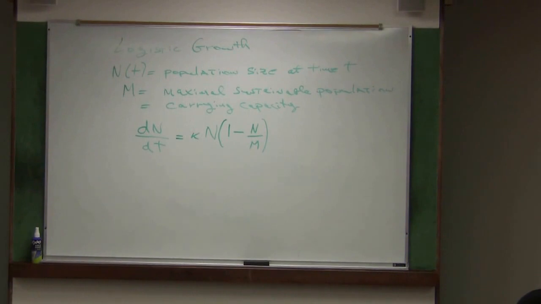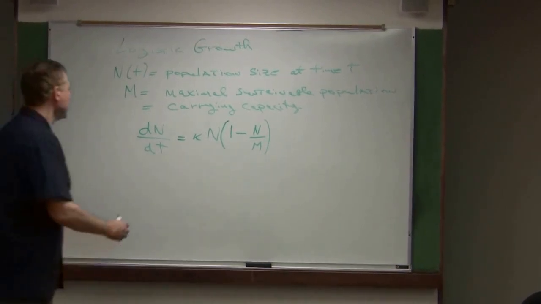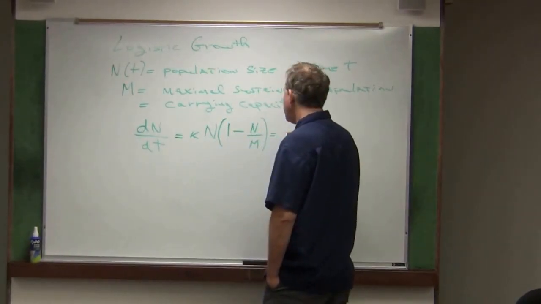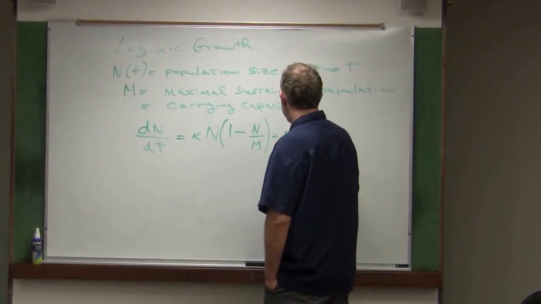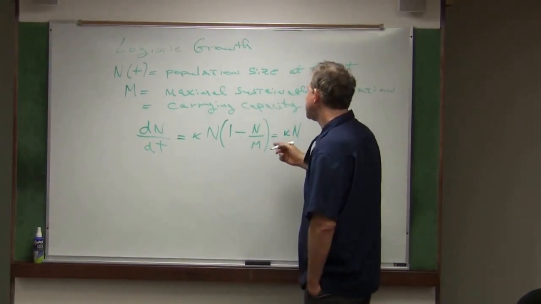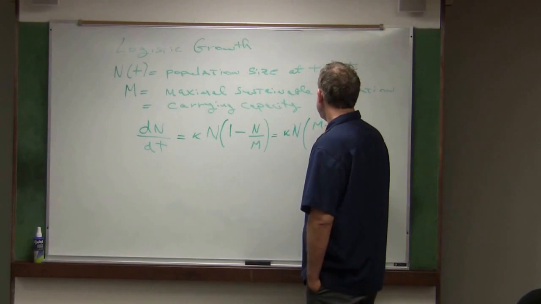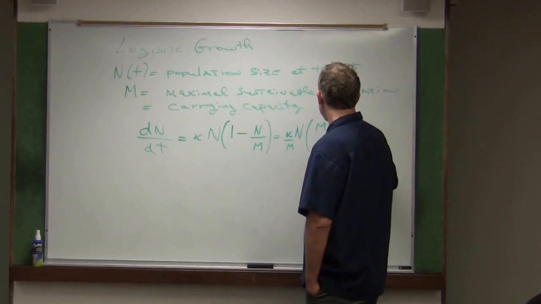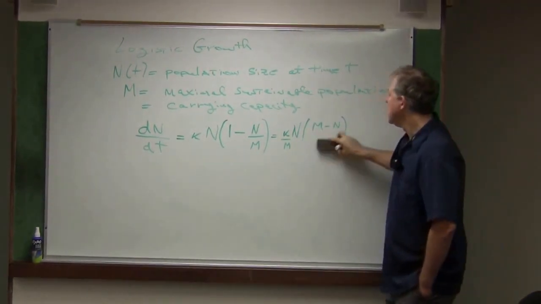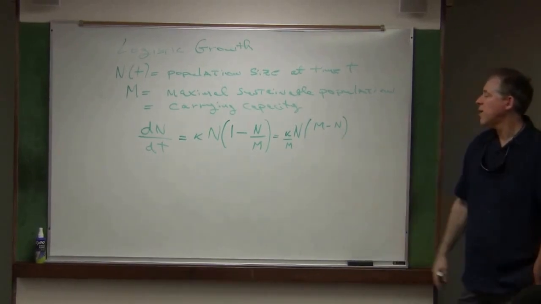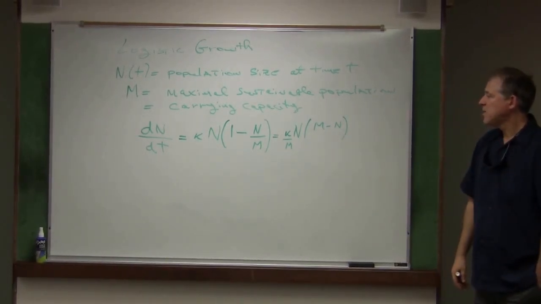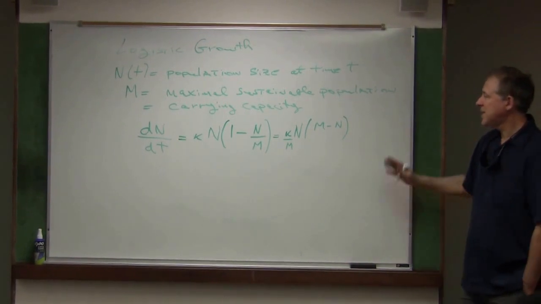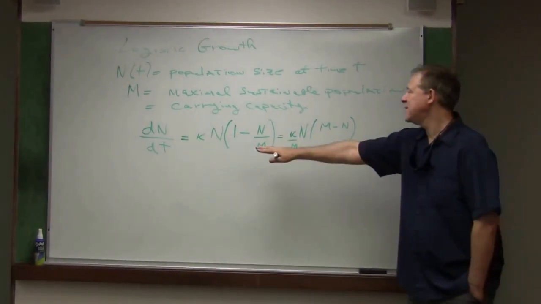So what we're going to do is it's separable, so we're going to separate and integrate, and it's going to be a partial fraction. Let's rewrite this as kN times (M minus N) over M. So it's N(M minus N) times k over M. Let's separate: get the N's on that side and the dt on this side.